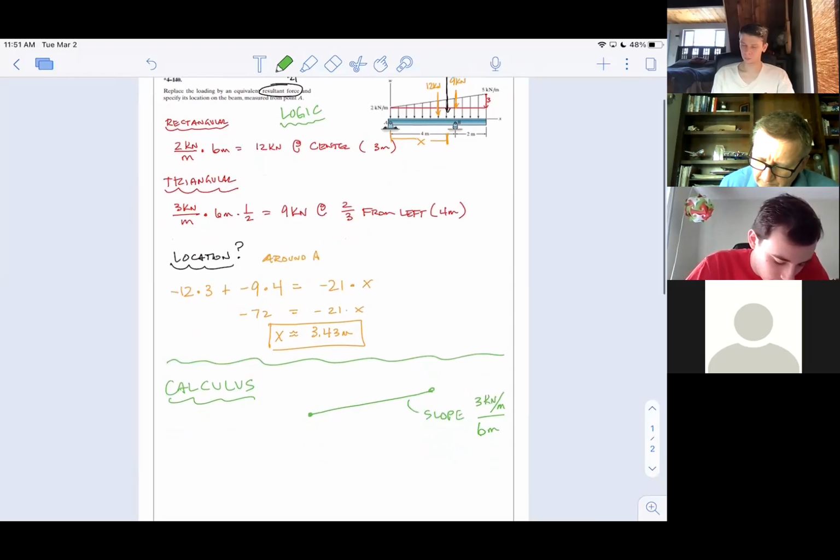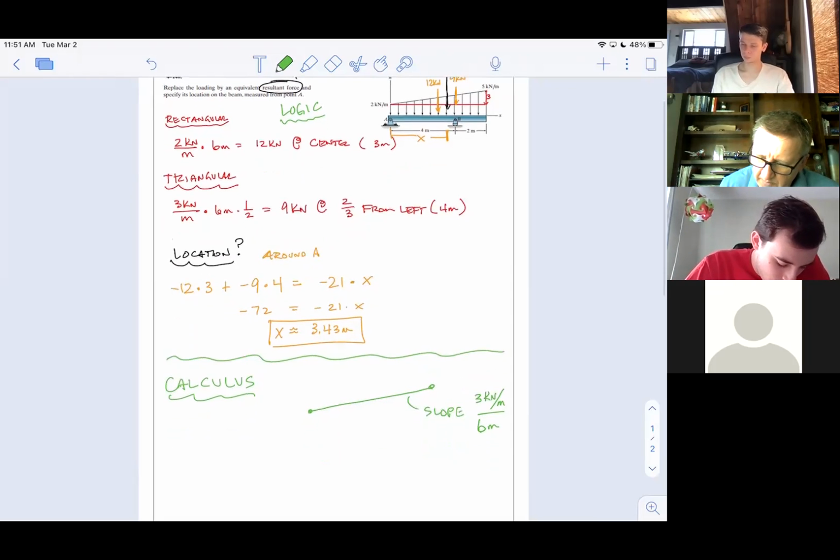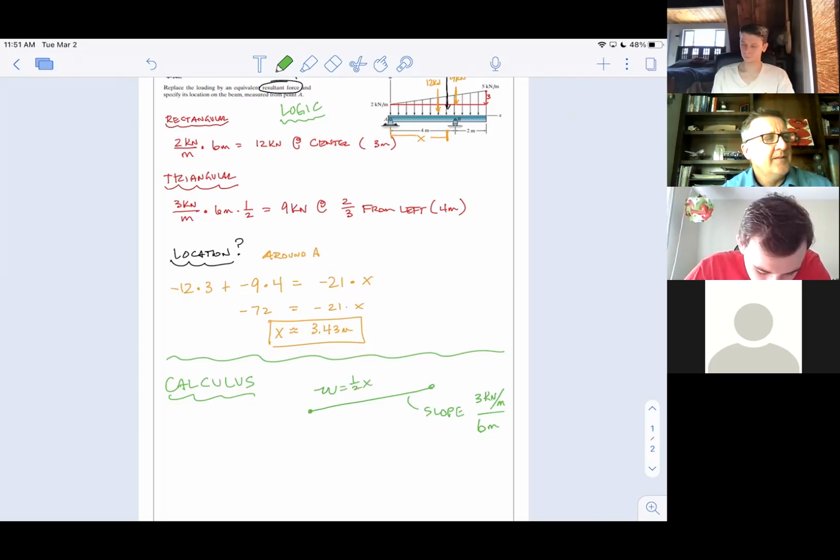So that means our weight is just 1/2 x. Now let's just play with that for a second.